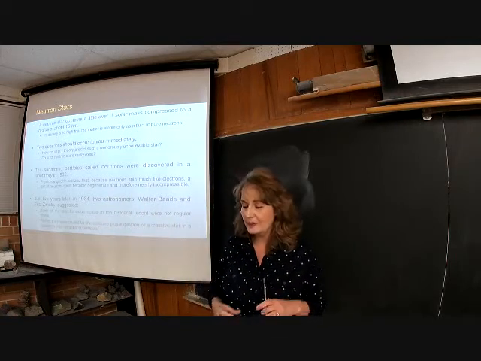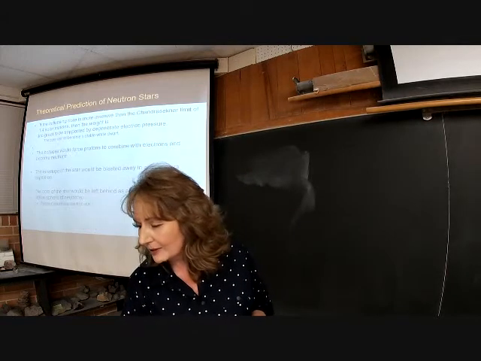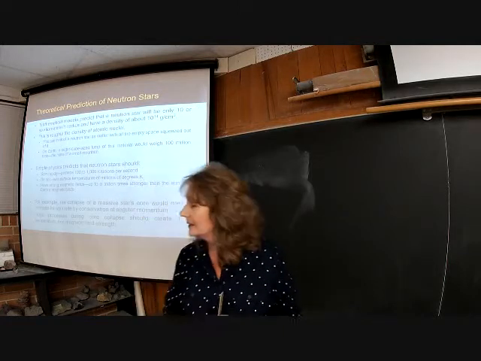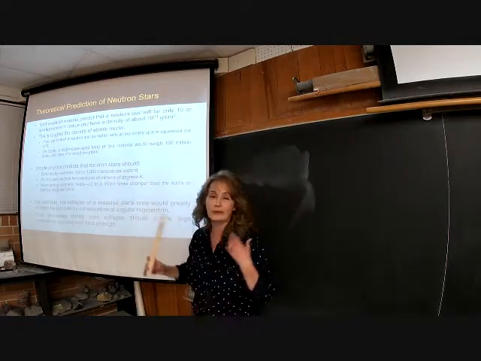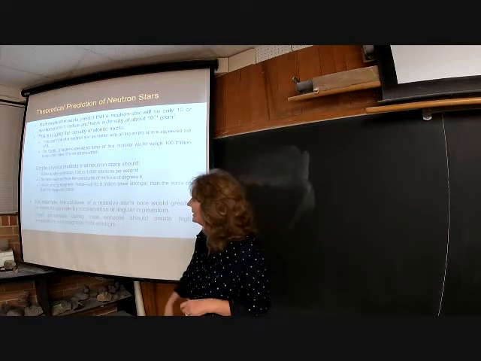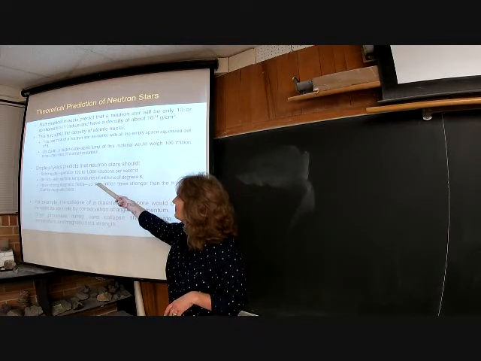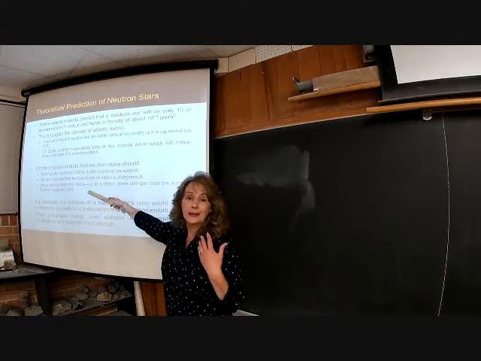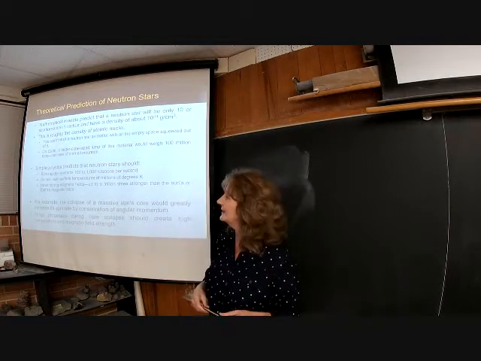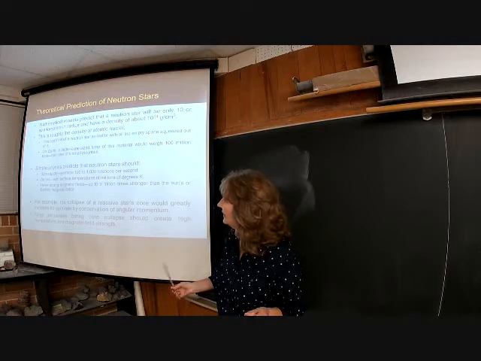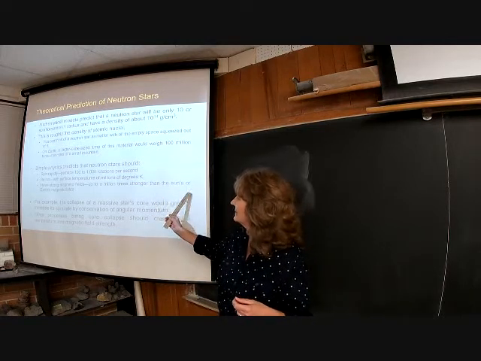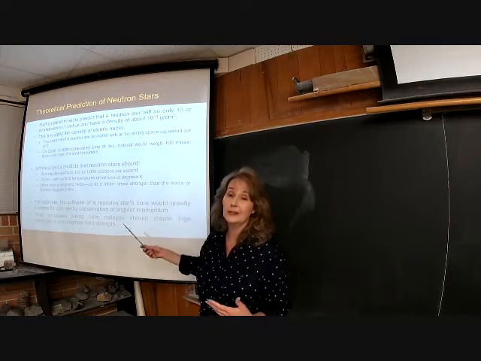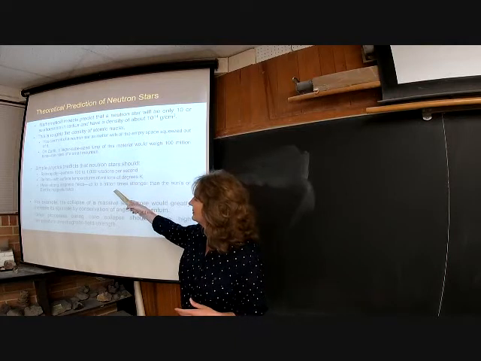So they do think that these exist, and they're predicting that they should spin very rapidly, perhaps 100 to 1,000 rotations per second, that they should be very, very hot, temperatures of millions of degrees Kelvin, and have a very strong magnetic field. So theoretically, they've predicted what these should behave like. A trillion times stronger than the Earth's or the sun's magnetic field. So extremely strong magnetic fields for these.